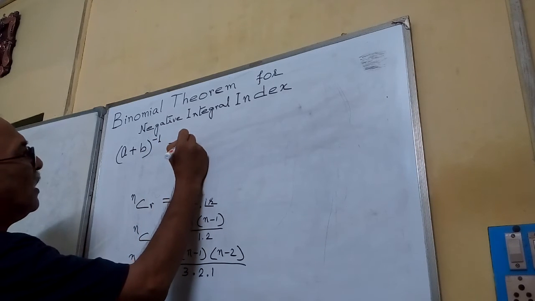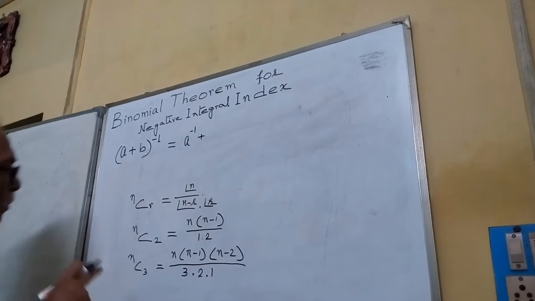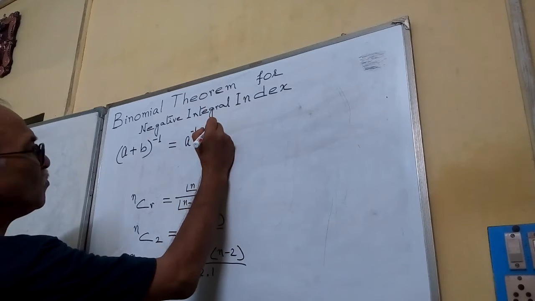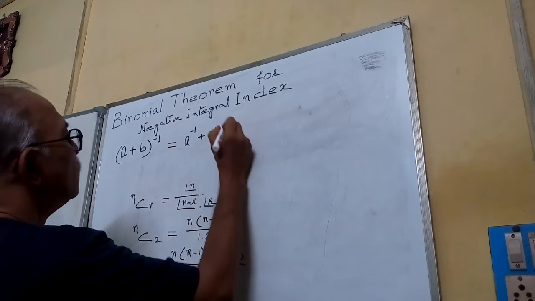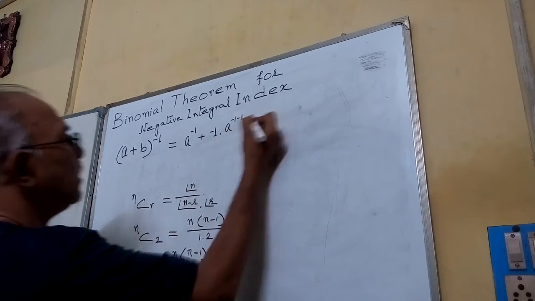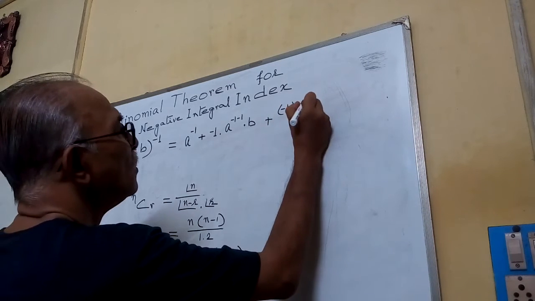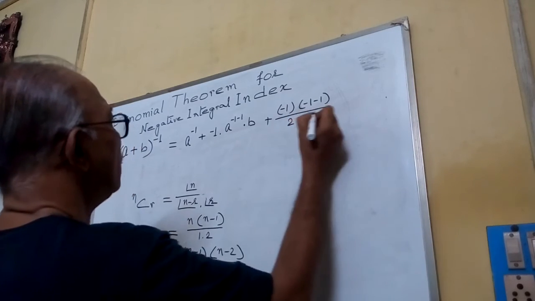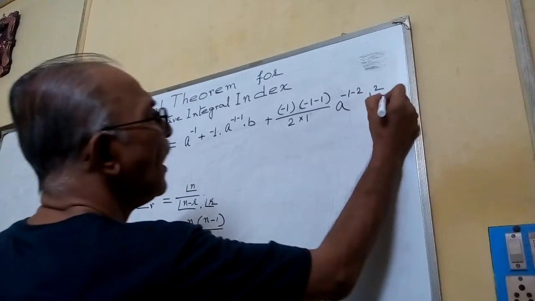This one is A to the power minus 1 plus, instead of NC2, NC3, I will write in this form: minus 1 into A to the power minus 1 into B, plus minus 1 into minus 1 by 2 into 1 A to the power minus 1 minus 2 into B square, and so on.